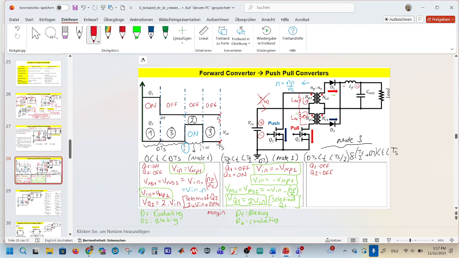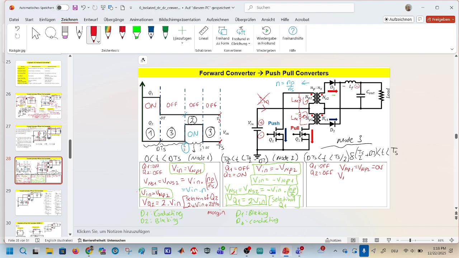And what happens here? So both of the switches are off. That means there is no voltage on the primary side. Primary and secondary side of the transformer now have zero voltage. Zero voltage means there is no change of current on the primary side.